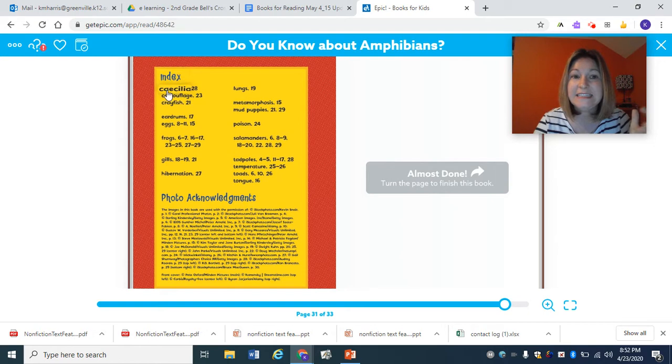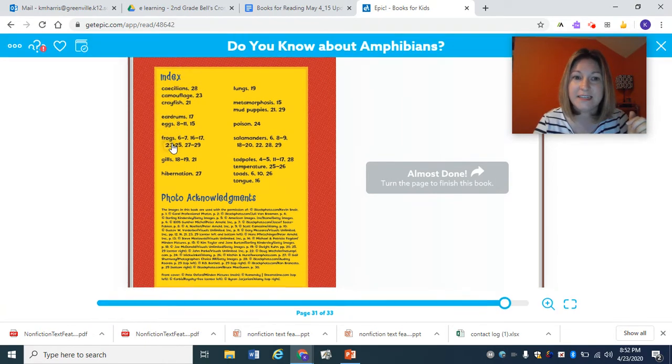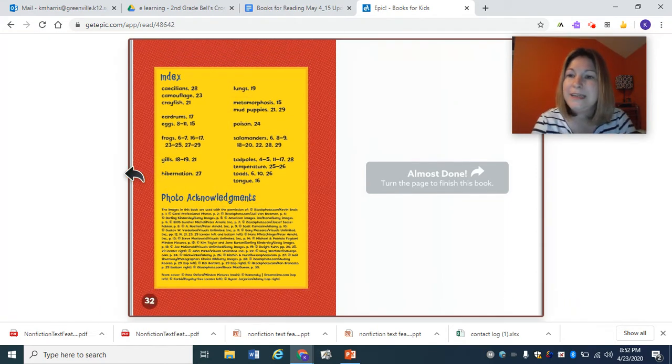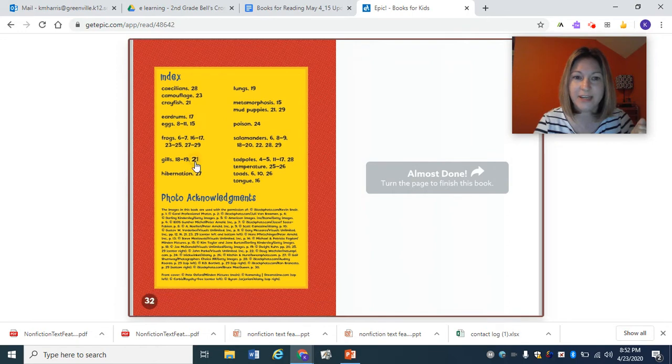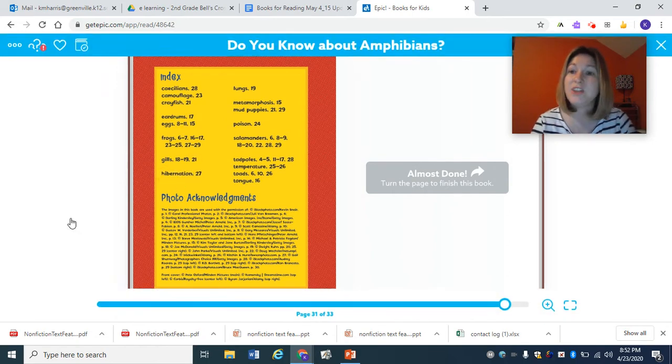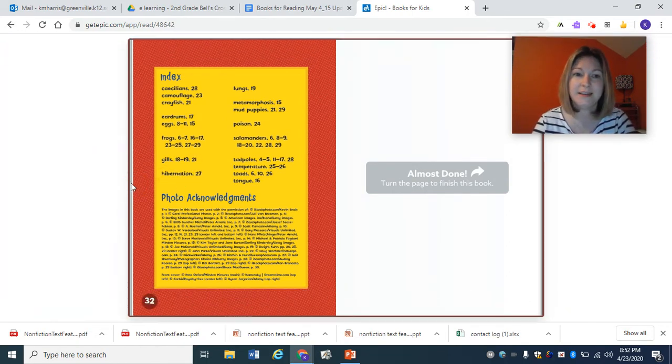The index lists some very important words that are discussed inside the book. And let's say that I want to read more about gills. So I can find out about gills on page 18 through 19 or 21. Well, let's go back to those pages and see.